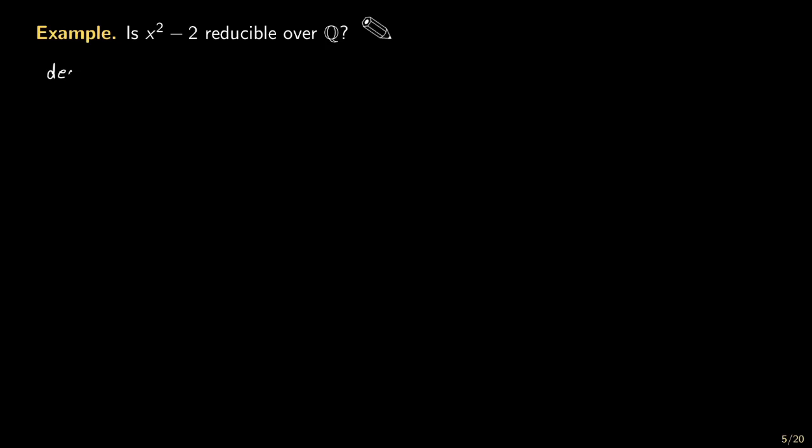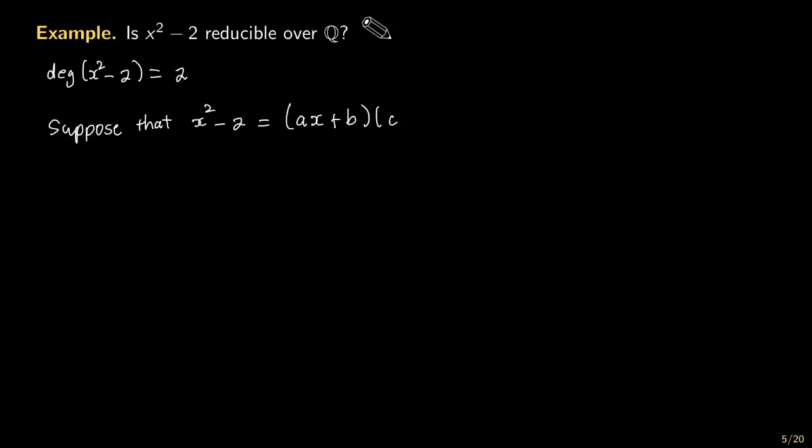First of all, notice that the degree of x squared minus 2 is 2. So the only possible non-trivial factorization is when the degrees of the factors are both 1, or they are both linear. So for the sake of contradiction, suppose that x squared minus 2 can be factored as a product of two linear factors, let's say ax plus b times cx plus d, where a, b, c, and d are rational numbers.